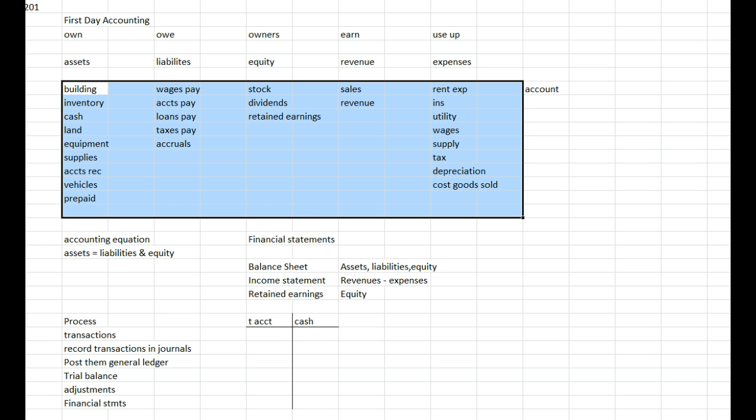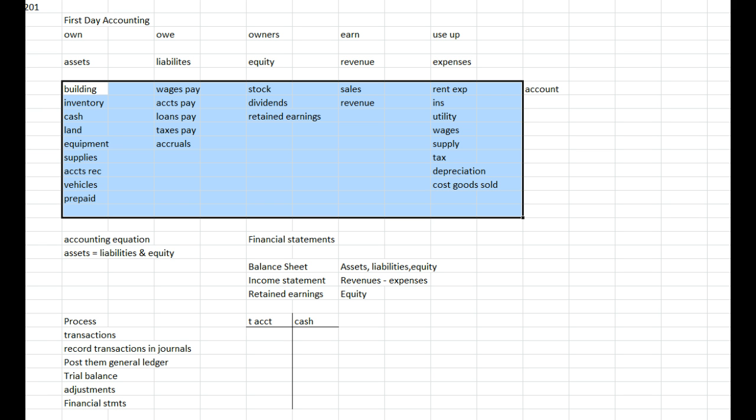All right. And that brings us to the next part, and I'll try and show you some examples of this in a minute. The next part I wanted to mention to you is the accounting equation. So at any time, the assets of the company have to equal the liabilities and the equity of the company. All right. So we have financial statements that we use to show this.